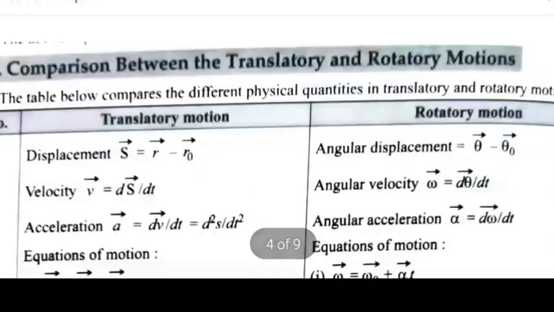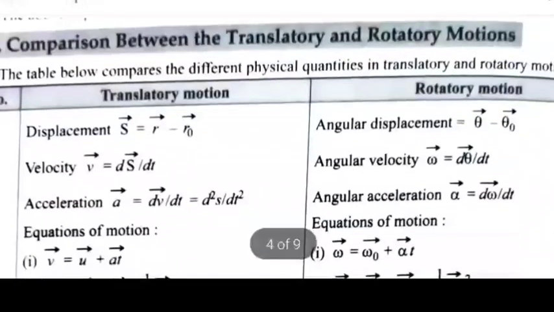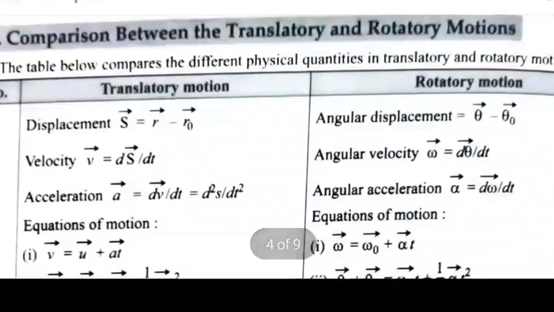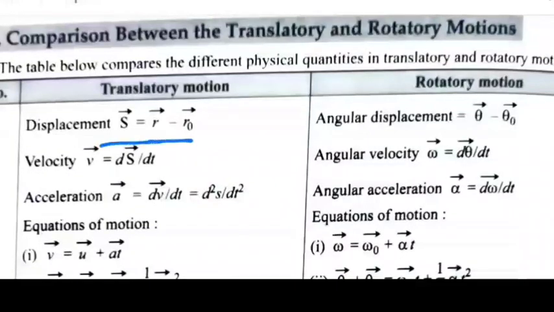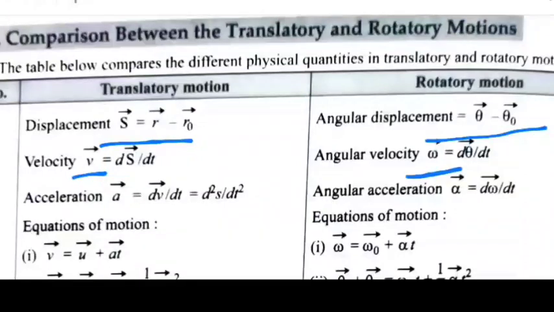Next is the comparison between the parameters of translatory motion and rotatory motion. First is S. Displacement is comparable to angular displacement. Velocity v is comparable to angular velocity. Acceleration a is comparable to alpha.